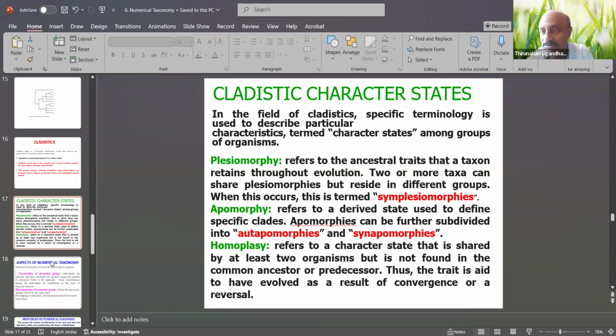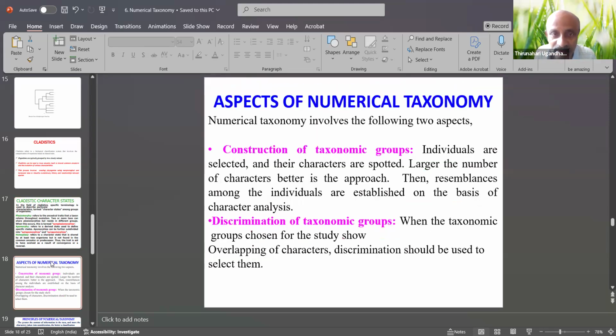Two organisms means one genus and another genus. Thus, the trait is said to have evolved as a result of convergence or a reversal. This is also convergent evolution, and there is also divergent evolution. This is the one character.